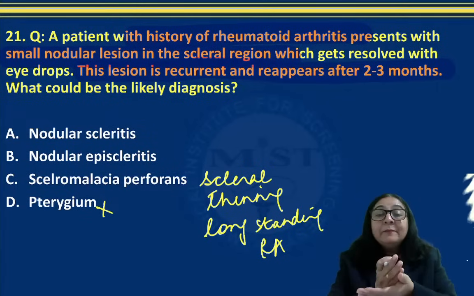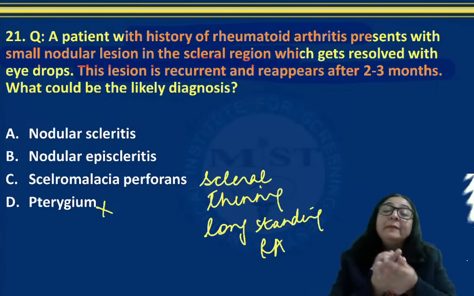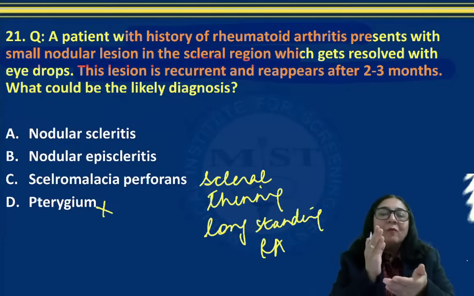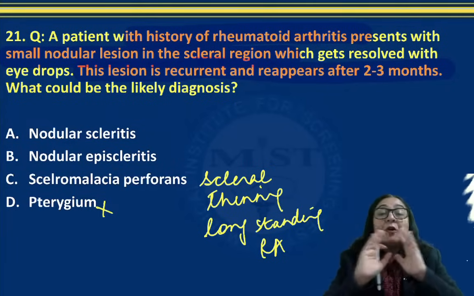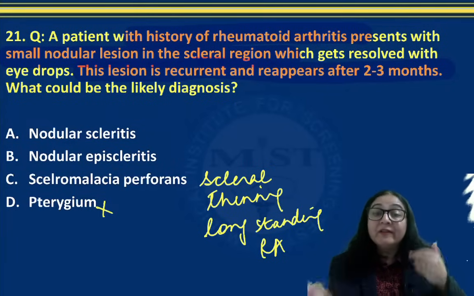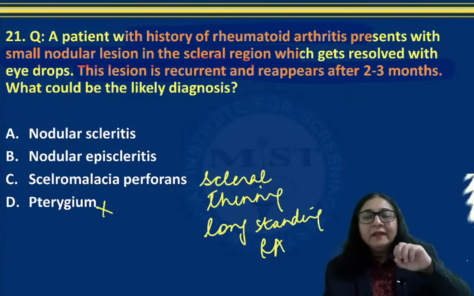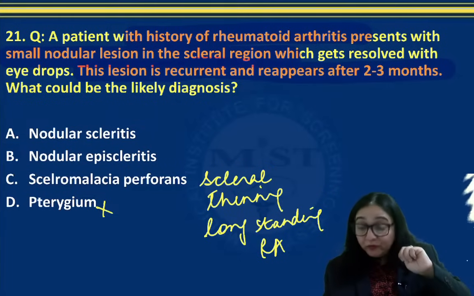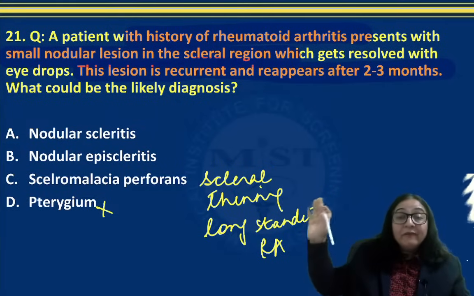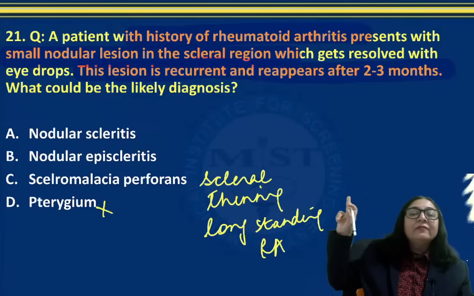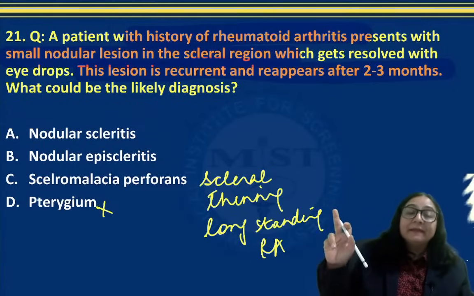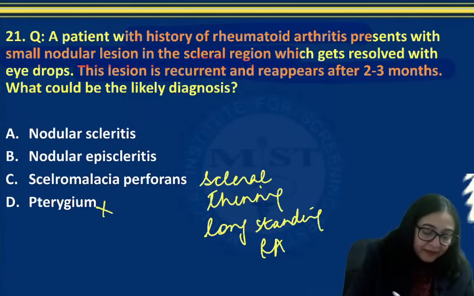Deeper inflammations will be more severe and more painful. They will not go away with the drops. They will require systemic treatment depending upon the cause, whether systemic steroids or immunosuppressants. So obviously here the choice will be nodular episcleritis, and it is a typical presentation.